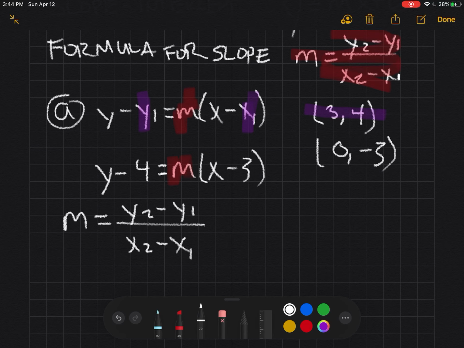So our slope is equal to y2 minus y1 over x2 minus x1. I'm going to say that my y1, x1 is the green pair, and that my y2, x2 is the purple pair.